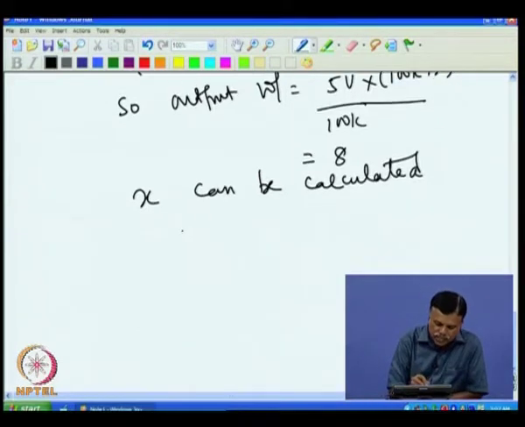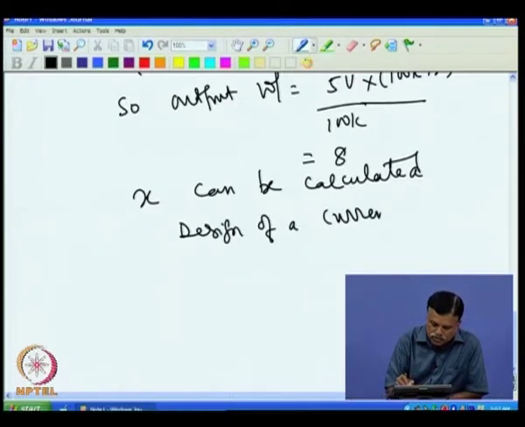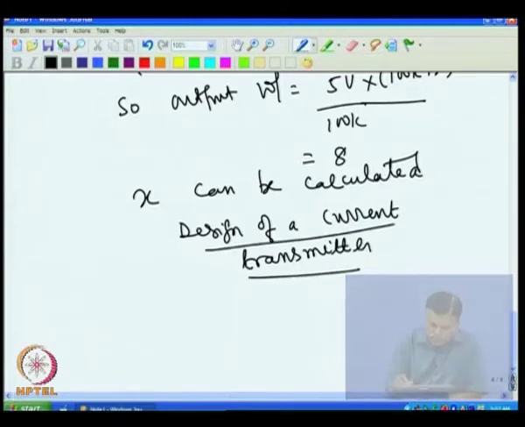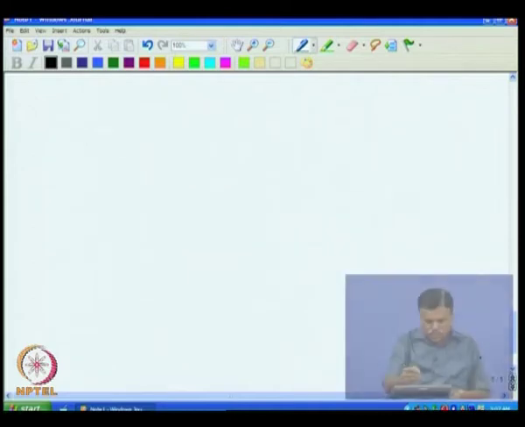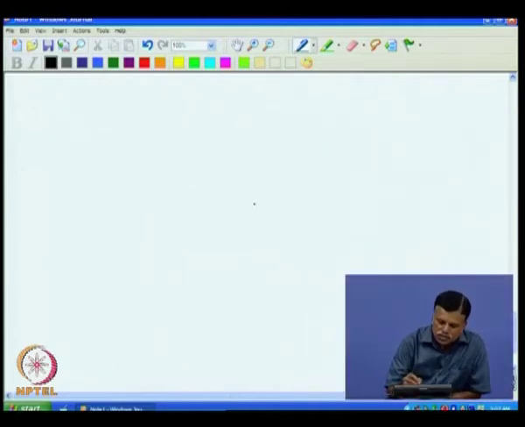Design of a current transmitter. So, now let us start using the circuit like this.